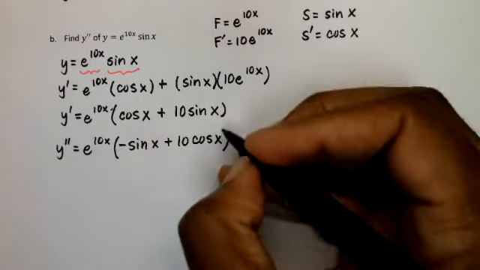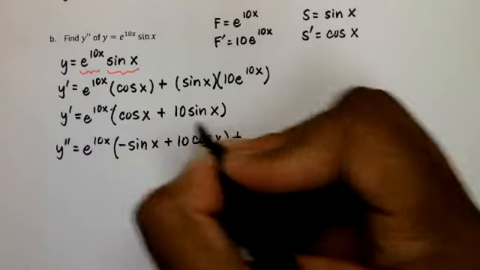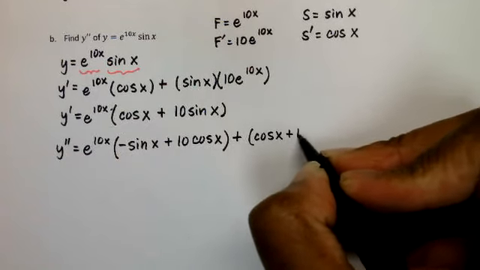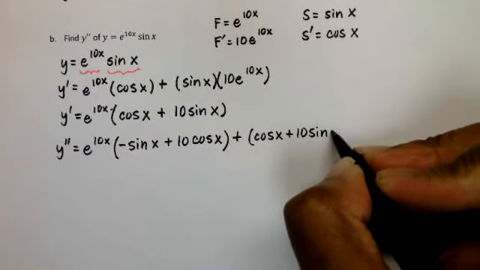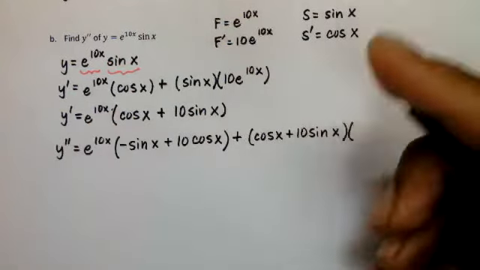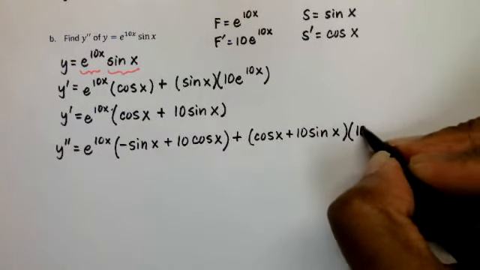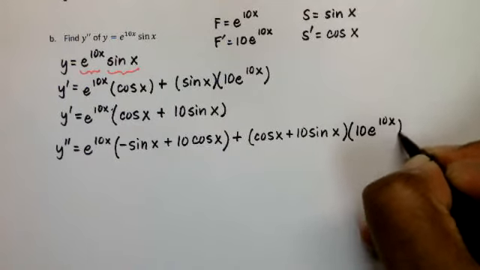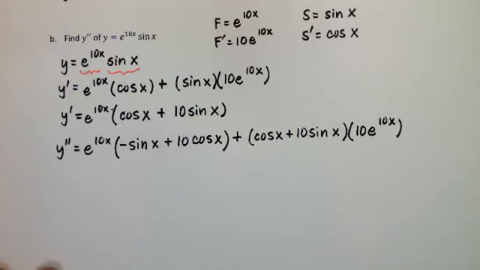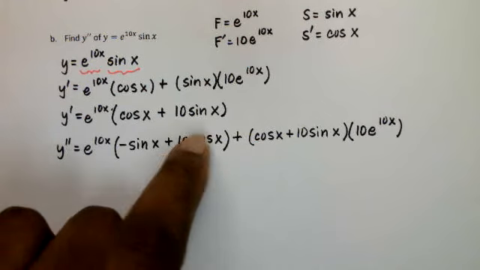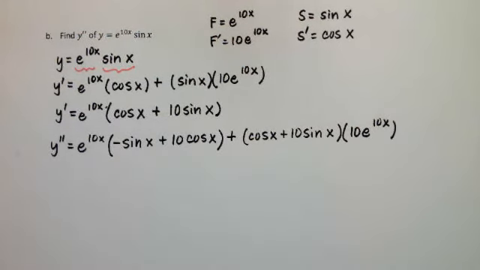First times the derivative of the second, and then plus this second, times the derivative of e to the 10x. And of course, that was 10 e to the 10x. We go first times the derivative of the second plus the second times the derivative of the first.